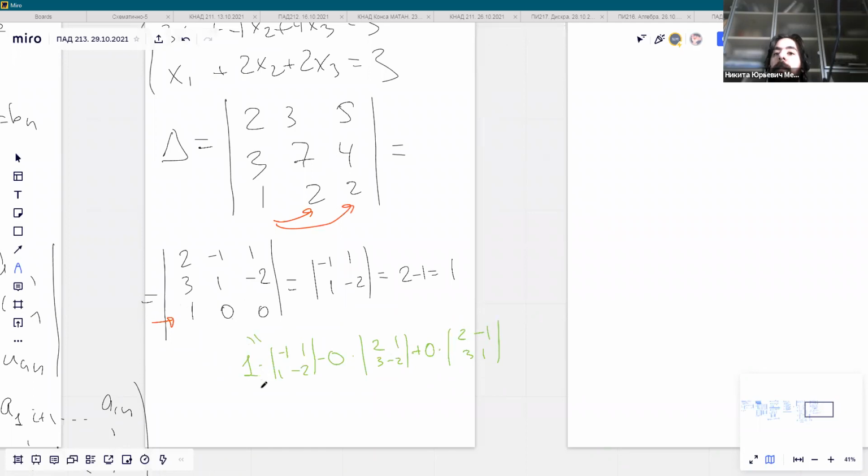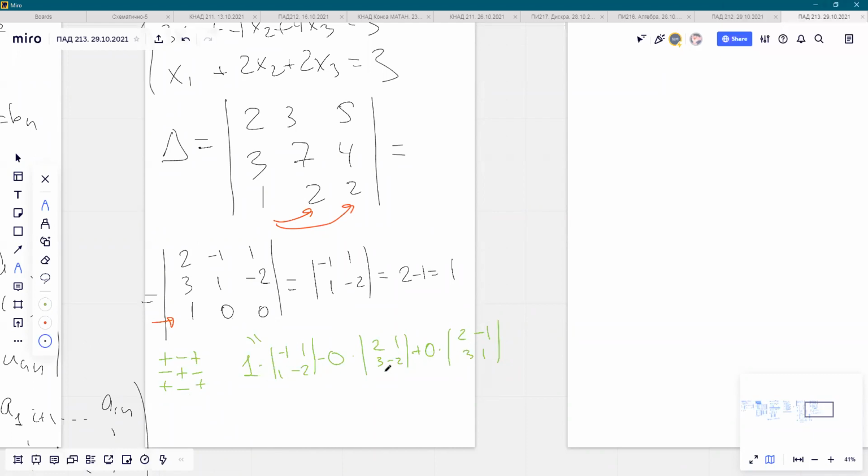I consider this sign that is plus, minus, plus. To obtain the signs, I need to color my matrix in a chessboard pattern like this, okay? So for this third row, I get plus, minus, plus. And for each element, I consider its minor. That is, the matrix I obtain after crossing out the corresponding row and column. And this entire expression equals the determinant. That's the formula.